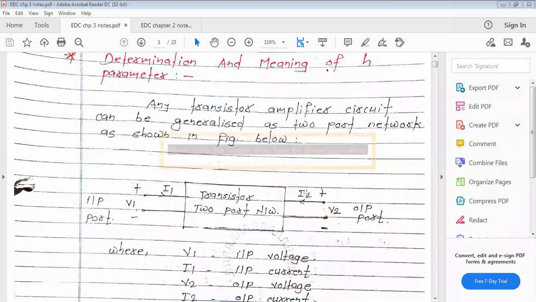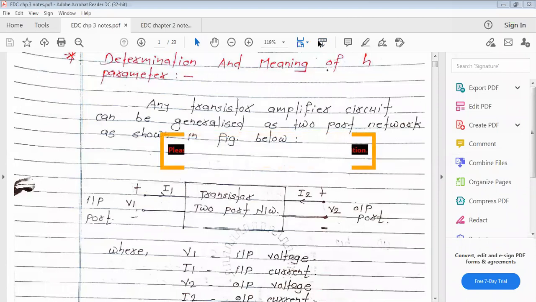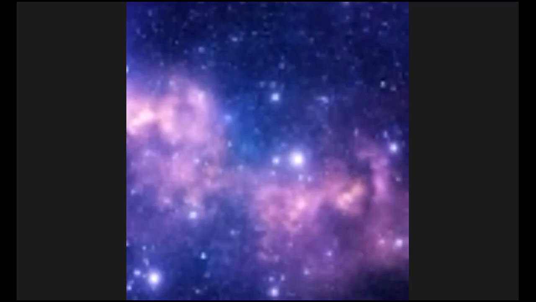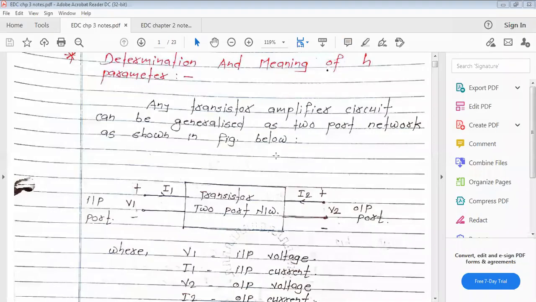Now, to find out the equivalent circuit, what we have to do? Okay.